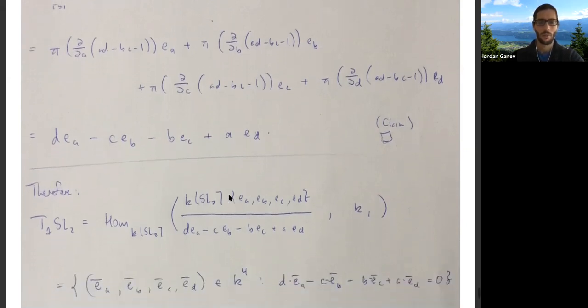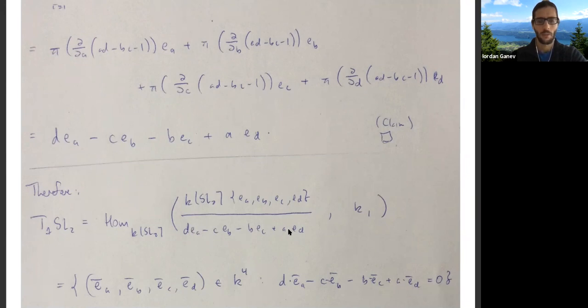Well, this is the quotient of a free module, so any linear map is determined by where E_A, E_B, E_C, and E_D go. That's what I'm calling their images here, with the bars. So E_A goes to some element in K. K1 is just one-dimensional, so we identified it with the field. And E_B goes to some E bar B, and so forth.